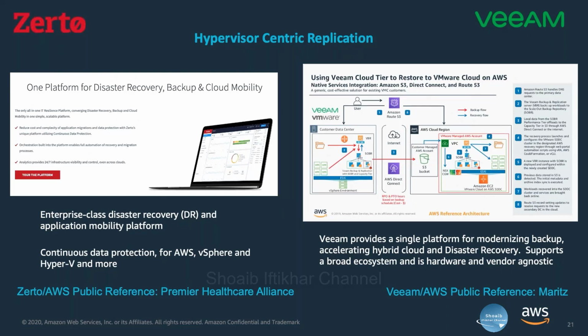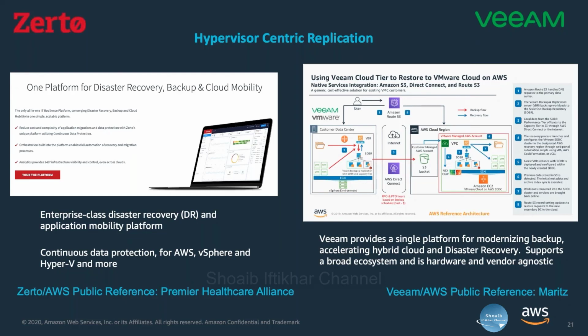Zerto can launch small helper instances to lower the recovery time for selected instances by hydrating that S3 to, for example, EBS. A good reference here is Premier Healthcare. They replicate over 600 VMs with Zerto directly to AWS.